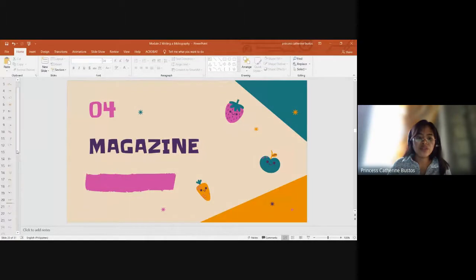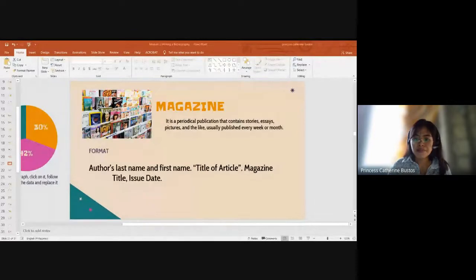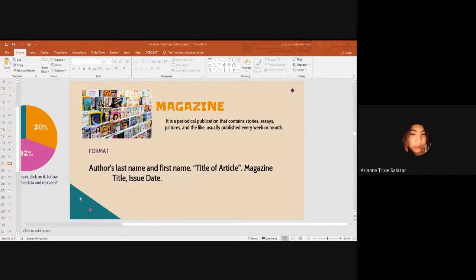We have the fourth one. It's magazine. Okay, please read. Magazine, it is a periodical publication that contains stories, essays, pictures, and the like, usually published every week or month. Very good.